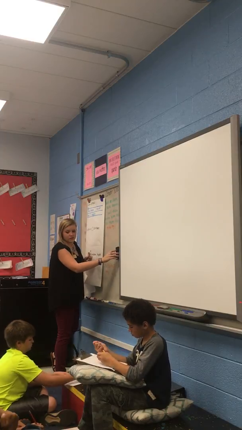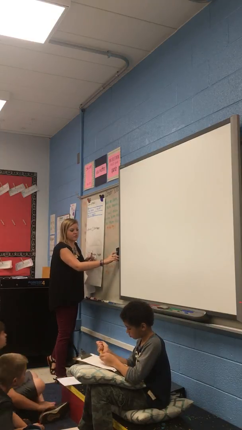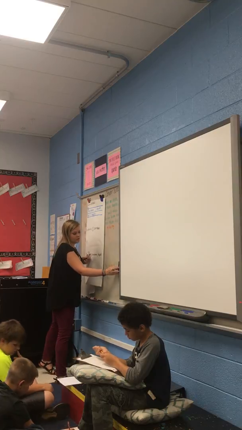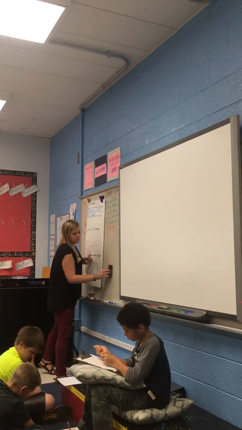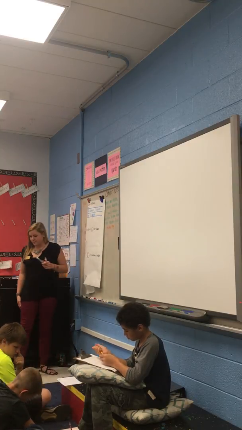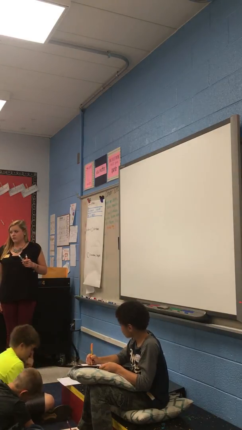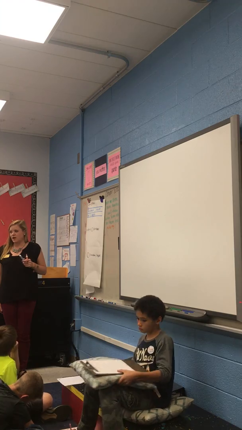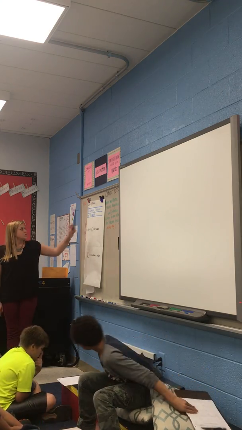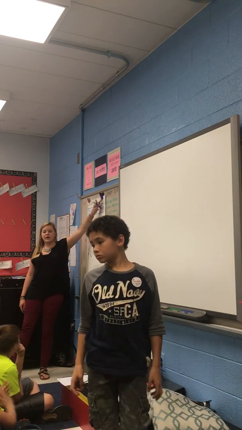Put your finger on your nose once you're finished and caught up to me. Okay, 2 people are ready? 3 people are ready? 4, 5, 6. So 2 30s and what? The sum of 2 30s and 2 8s.